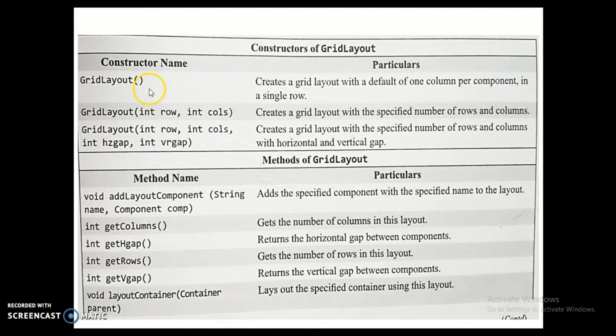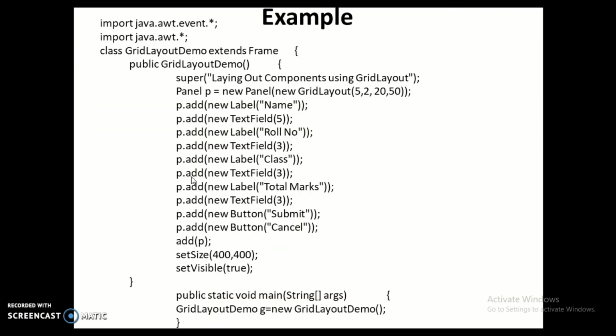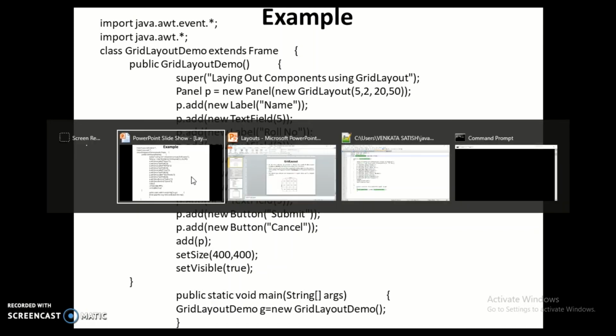These are the 3 different types of constructors, and we have different methods also: getColumns, getHgap, getRows, getVgap, addLayoutComponent. So let me explain how this grid layout works with an example.